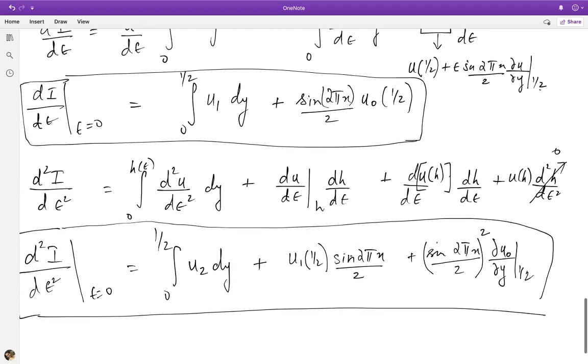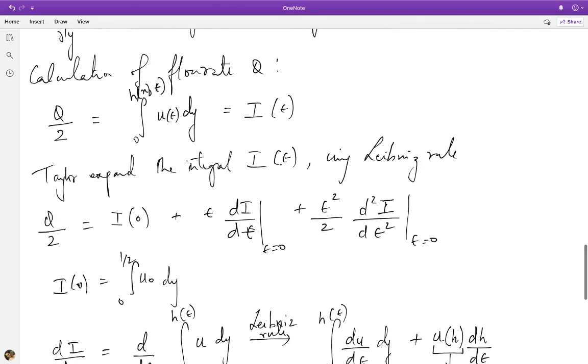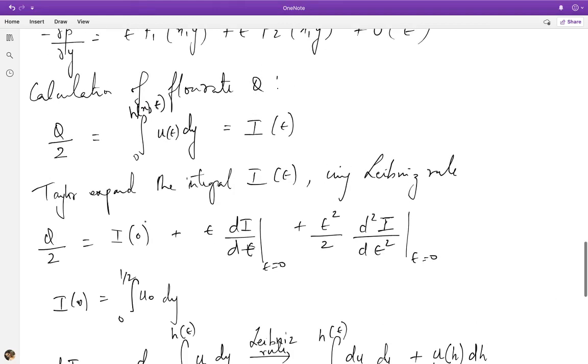So you see that the important thing to note here of course is that the flow rate is not given by its naive expansion. By that I mean, let's say you get the solution of the problem using domain perturbation. You now know that this solution is only available from 0 to half. And then you might think, okay, the flow rate through this solution is just an integral of the power series solution, that is the integral of u0 plus epsilon u1 plus epsilon squared u2 from 0 to half.